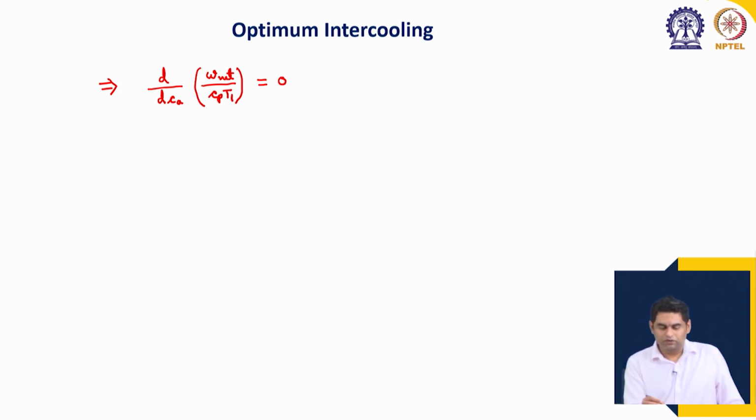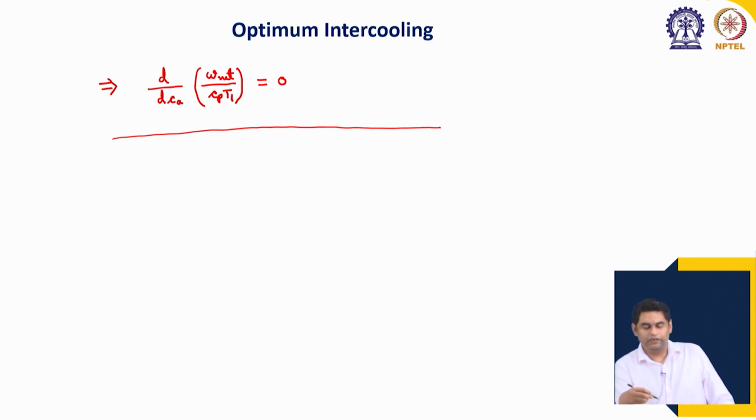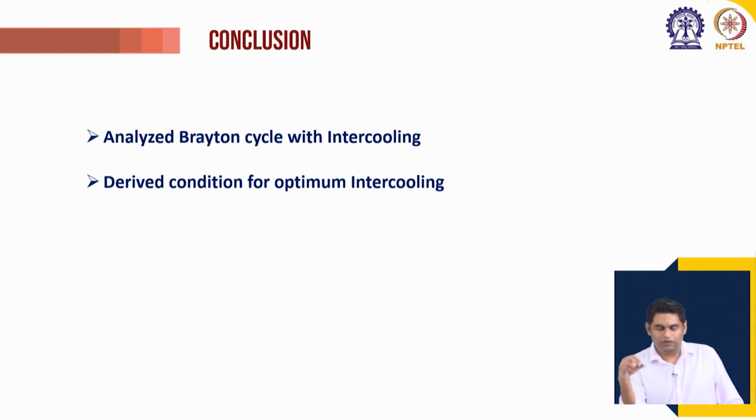So, I think we will stop here today, because we are running out of time in today's lecture, and we will continue finding this optimum value. So, optimum intercooling we will find in the next lecture, and then we will solve a problem to see how to do calculations for this type of cycles. So, we come to the conclusion.